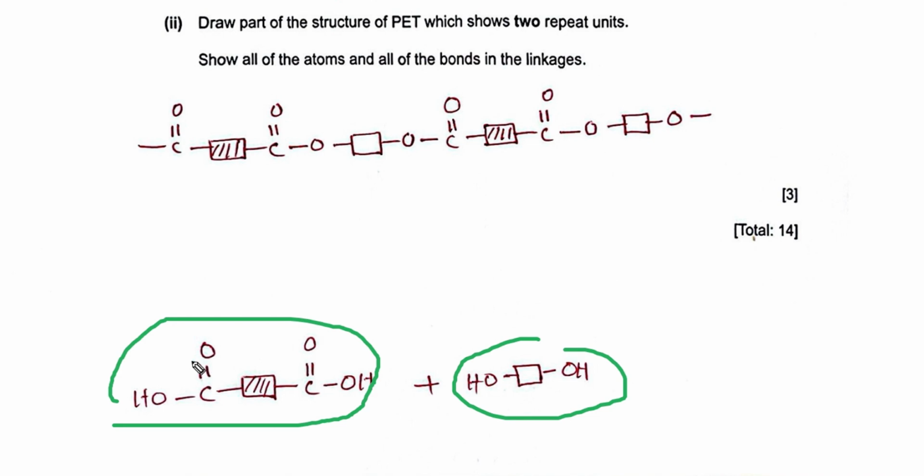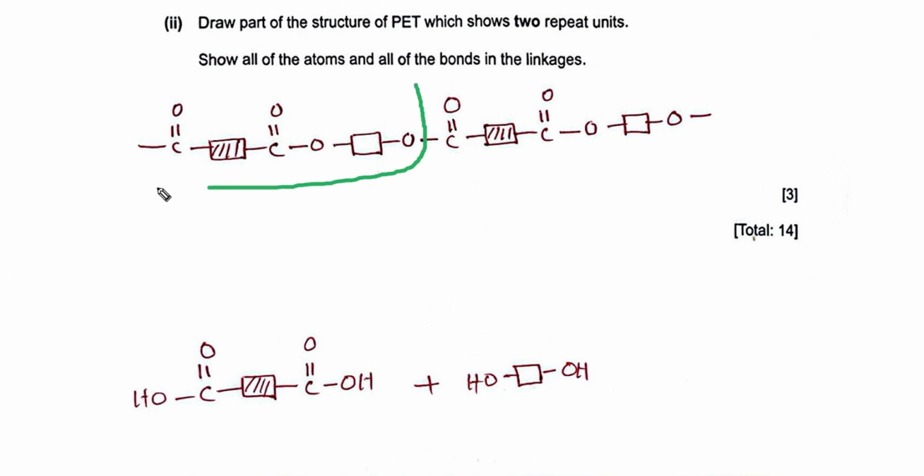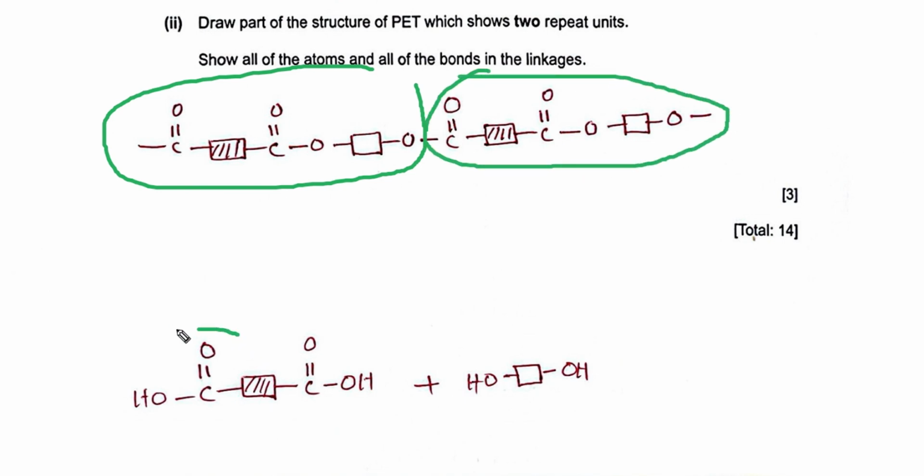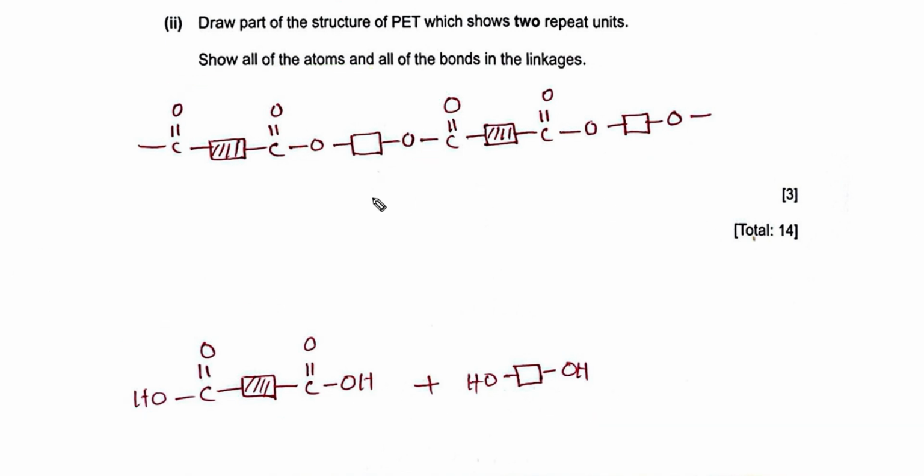So this will lose the OH group and the bond will be open. This will lose the OH group, bond will be open here, and diol will lose hydrogen, so this bond opens, then this oxygen, again dicarboxylic acid, again diol. So 2 repeat units, 1 repeat unit, other repeat unit. This dicarboxylic acid and diol make this polymer.